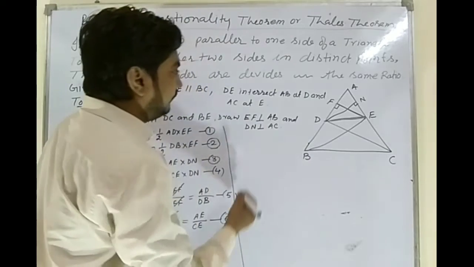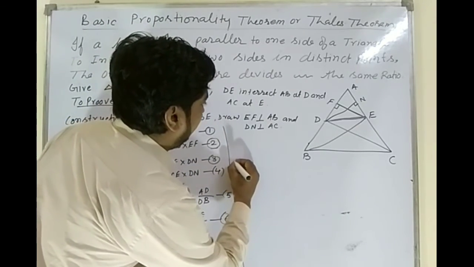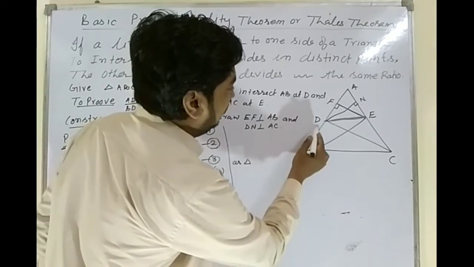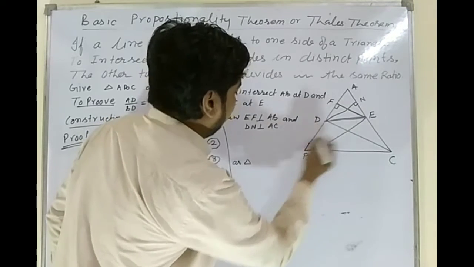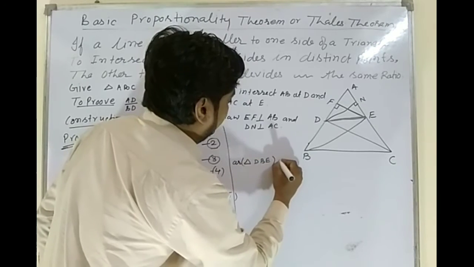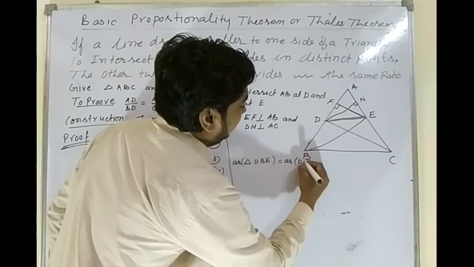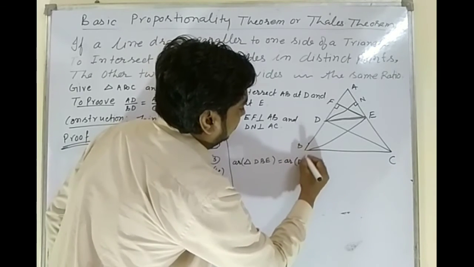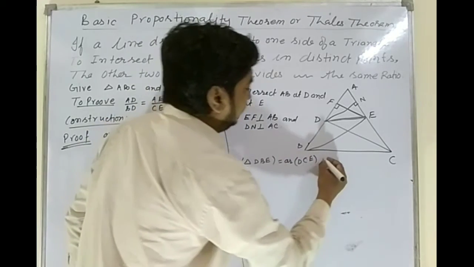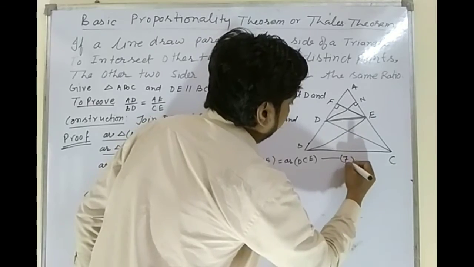So the area of triangle DBE equals the area of triangle DCE. This is our 7th equation.